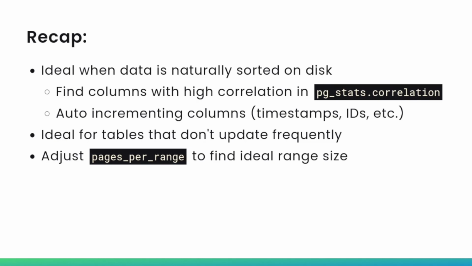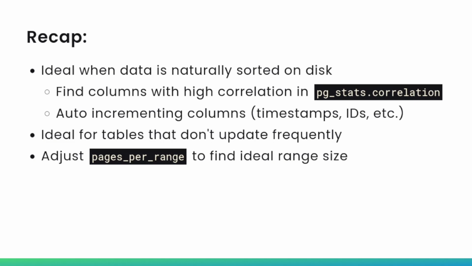Also, BRIN index is usually ideal for tables that don't update frequently, because when new rows are added to the table, the index is not updated immediately. The BRIN index is only updated when the table is vacuumed. So generally speaking, I would say that BRIN index is good for analytics environments, data warehouses, stuff like that.